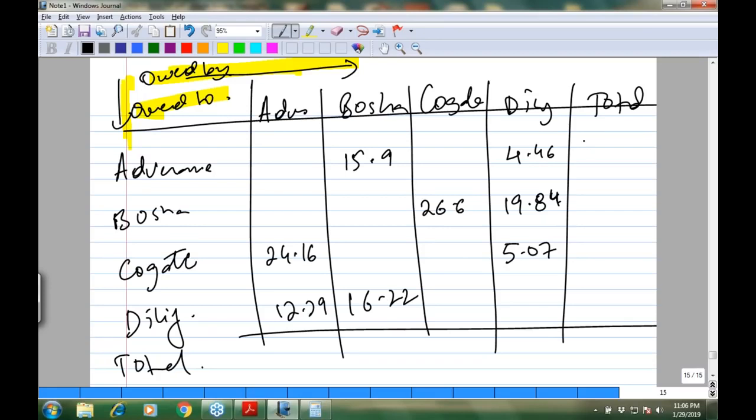So can somebody please share the total of these rows? Okay, and what else? About the third one, Colgate. Okay, and what else?